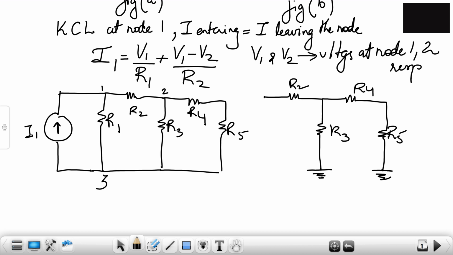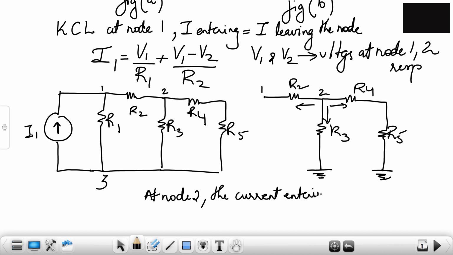So at node 2, this is the current flow. We are assuming that the current is leaving the node. So over here, we can see at node 2, the current entering is equal to the current leaving.